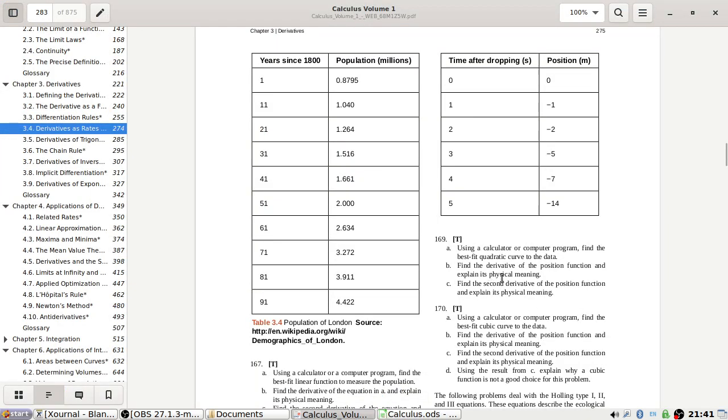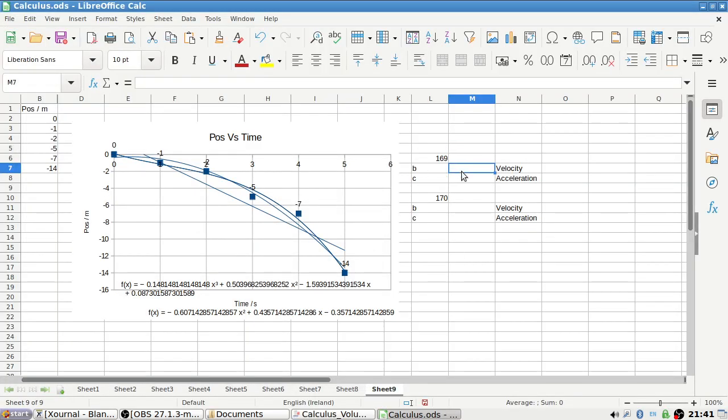So the first question is find the derivative of the position and explain its meaning, and find the second derivative. Okay, so the first one, the derivative of the quadratic: minus 0.6071 times 2. That's minus 1.2142x plus 0.5040 if we round to 4 significant figures, or we'll make it 5 significant figures: 0.50397.